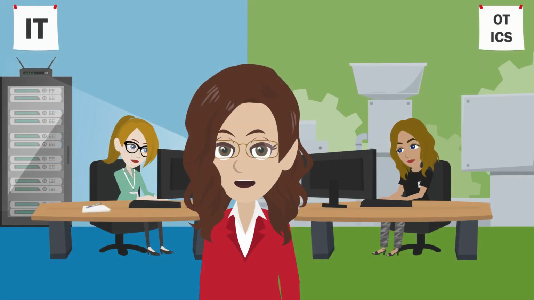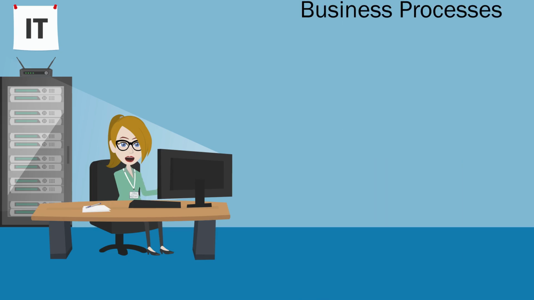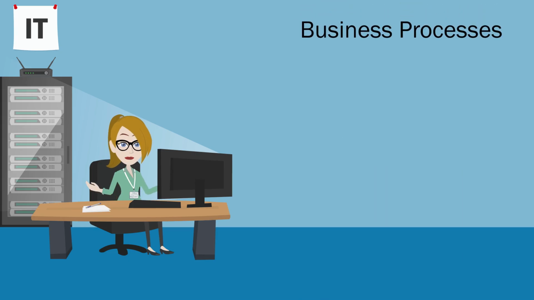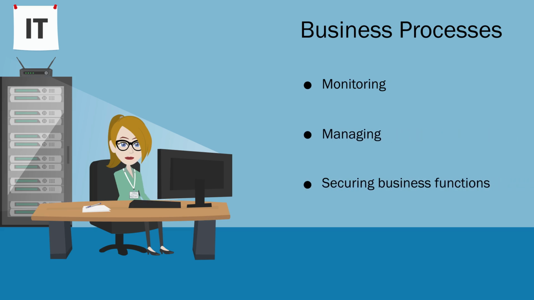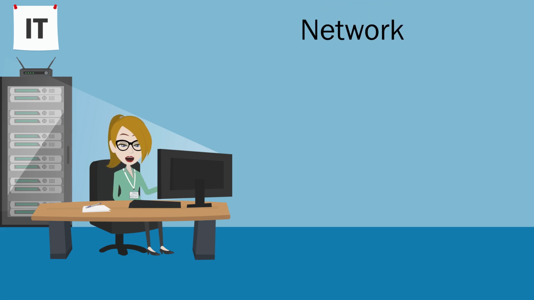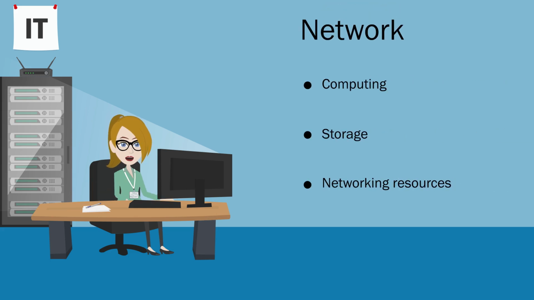Lastly, common acronyms for different types of networks are IT, OT, and ICS. An information technology, or IT, network handles communications for monitoring, managing, and securing business functions. IT networks include computing, storage, and networking resources for data processing.